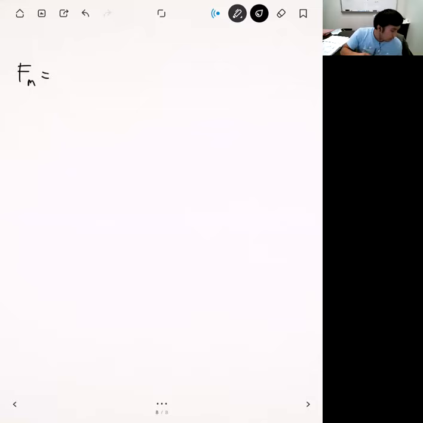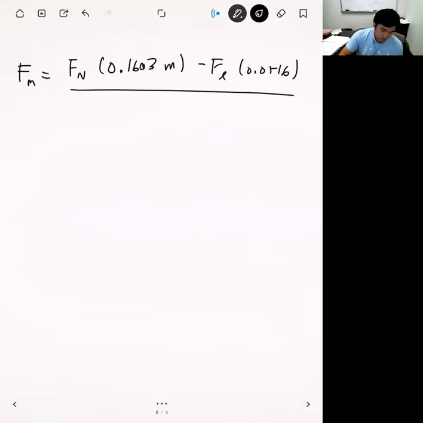So let me write down one step right before the solution. And so we have Fn multiplied by 0.1603 meters, minus FL times 0.0516, divided by Lm sine of theta m.